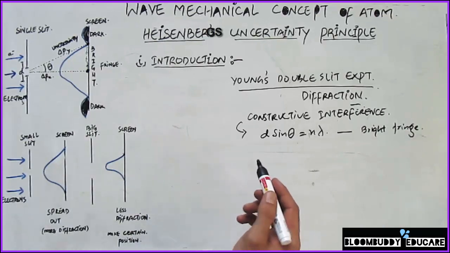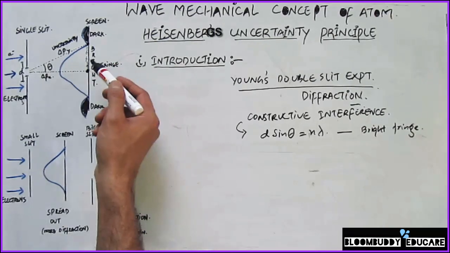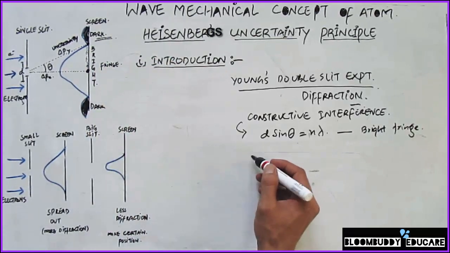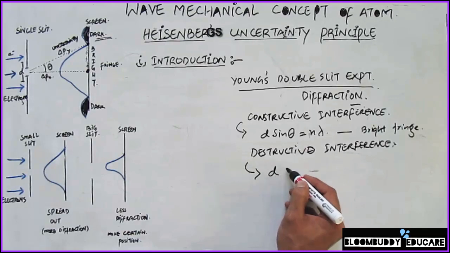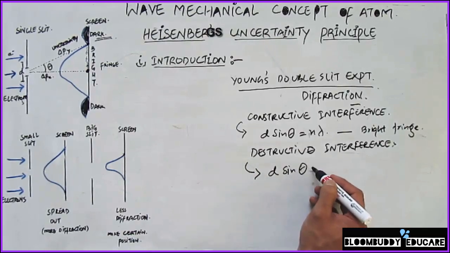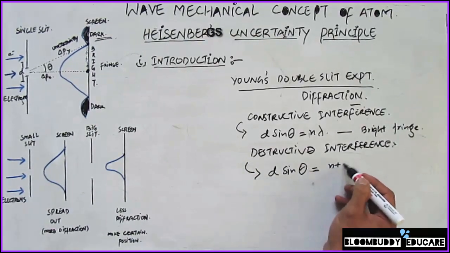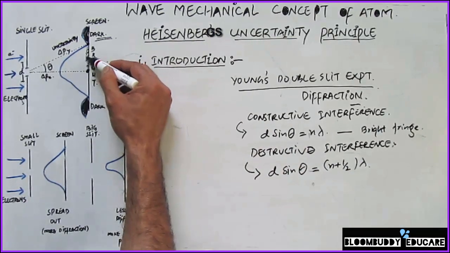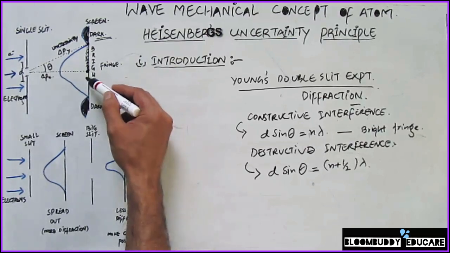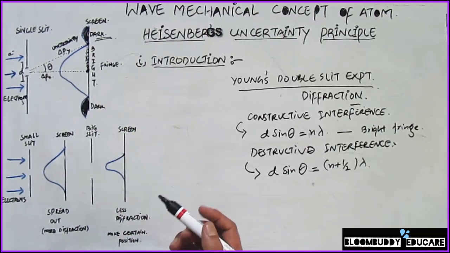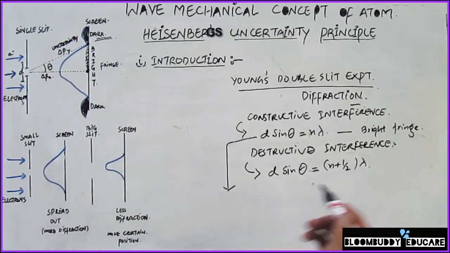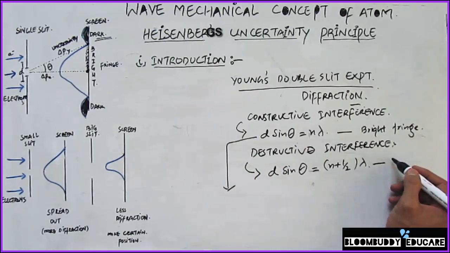However, in the case of destructive interference, wherein the waves cancel each other, in this dark spot, the equation is going to be d sine theta is equal to half of the wavelength, because from here to here is half, and this is the other half. Now, from equation 1, we can first write that this is the dark fringe.